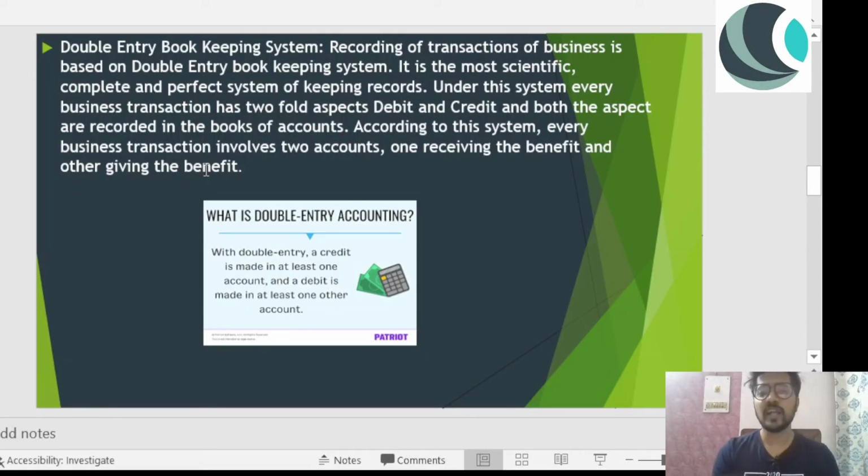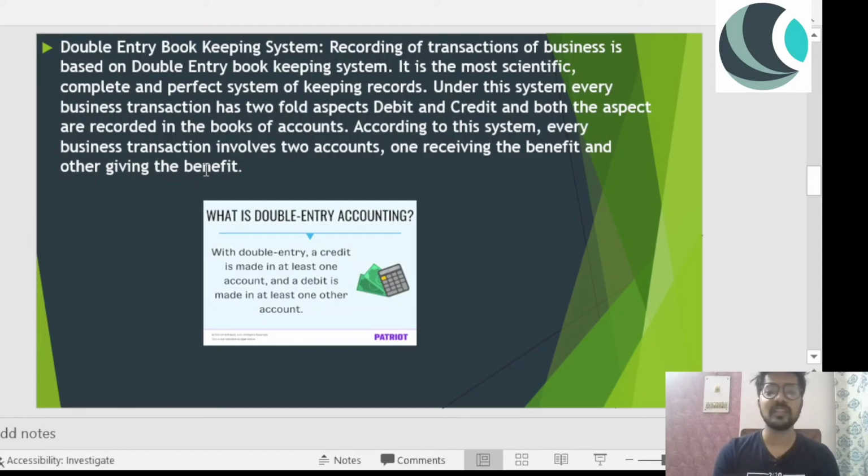I have been coming across a lot of students when I teach them in universities or even in schools. What happens is that many of the students actually mug up all the accounting system rules. They don't go after the reason or the logic behind it.